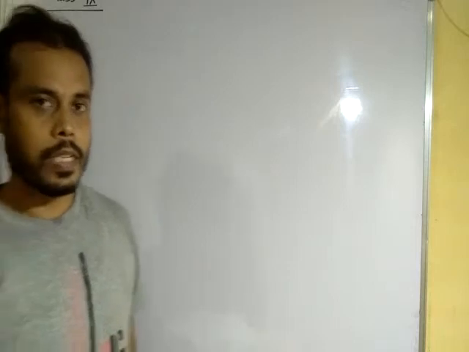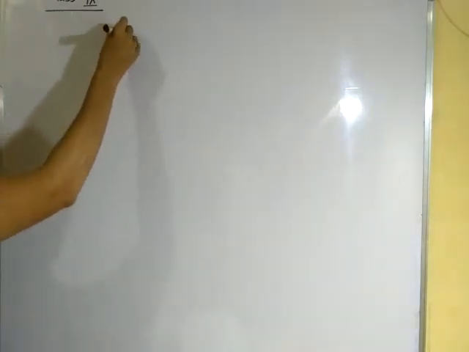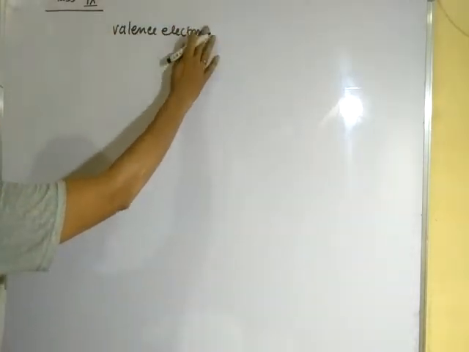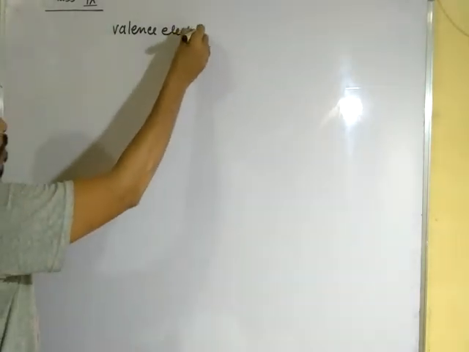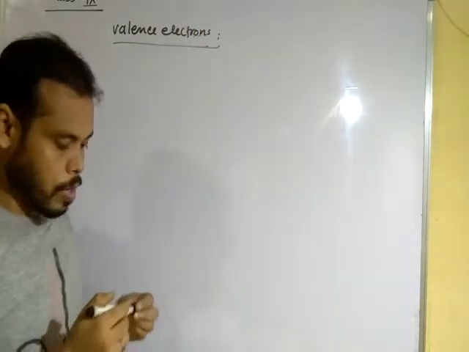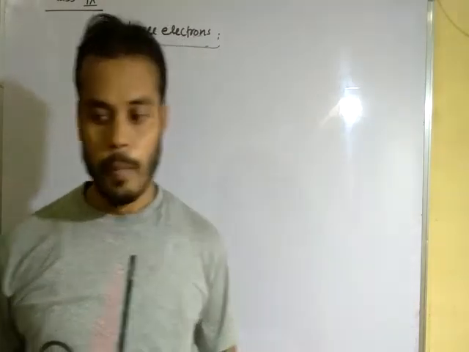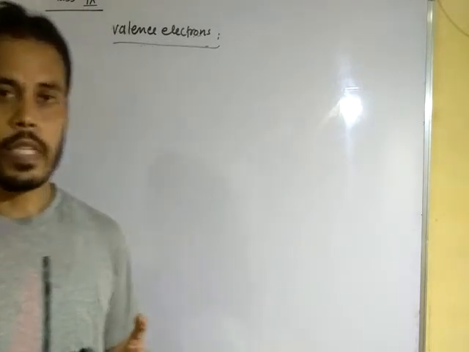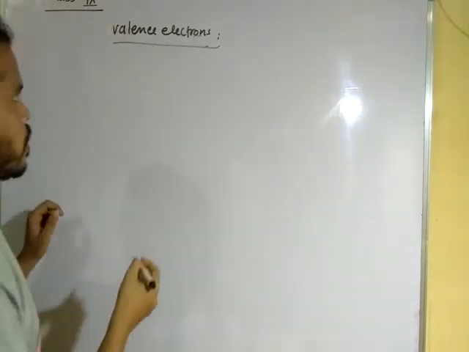First of all, we should know what is valence shell. The outermost shell of an atom is called the valence shell, and the number of electrons present in the outermost shell is called valence electron.